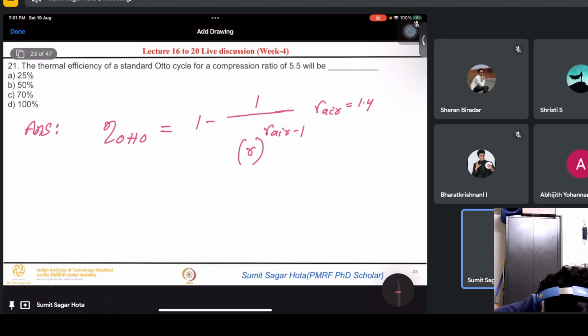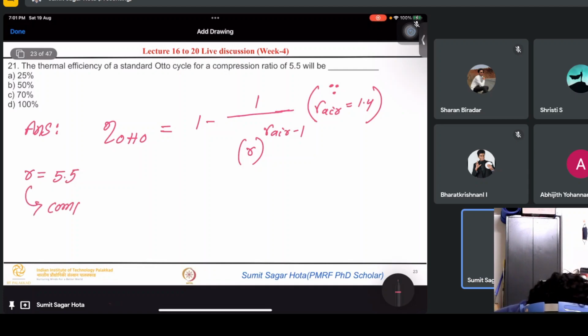Air standard means air; if air is not written, you have to assume it's air, because in air standard cycles it is air. And R is equal to 5.5 given, which is the compression ratio.